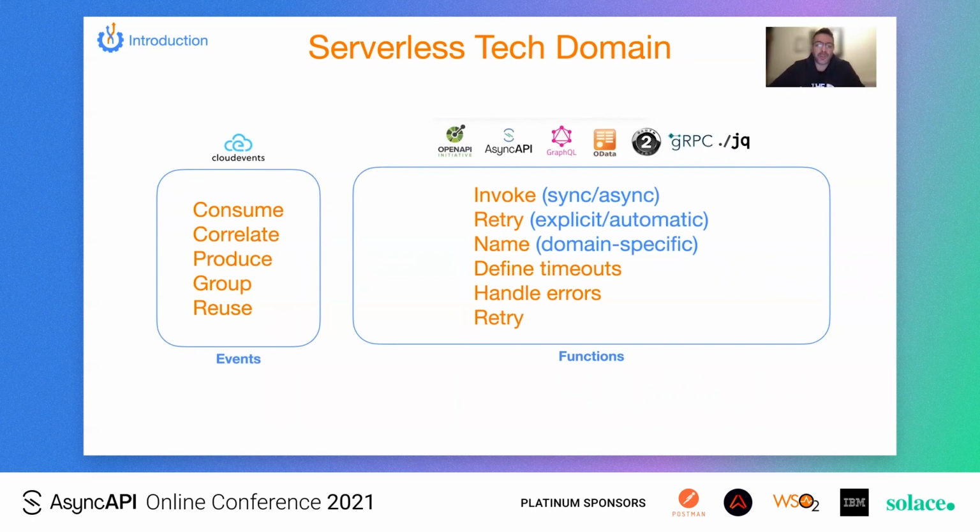For events, we use the CloudEvents specification, and what you can do in the DSL is define how you want to consume events, how you want to do event correlation, and produce events. We have event grouping if you want to specify unions or intersections of events that you want to consume or produce, and also provide reusability between different workflow definitions as well.